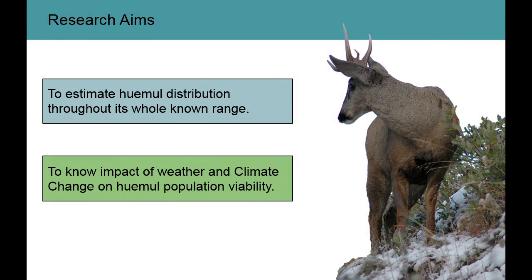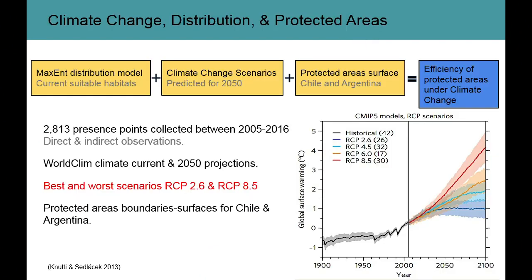So because of that, we did this research trying to investigate the potential distribution of suitable habitat for this animal, and also to see the impact of climate, especially climate change, because of this long distribution, on the population dynamics of this animal.